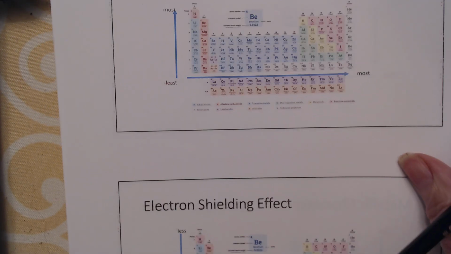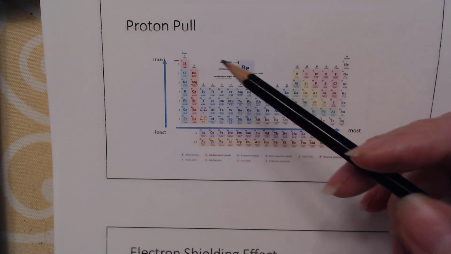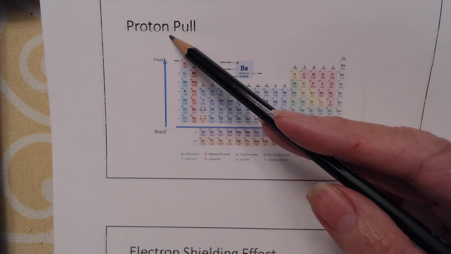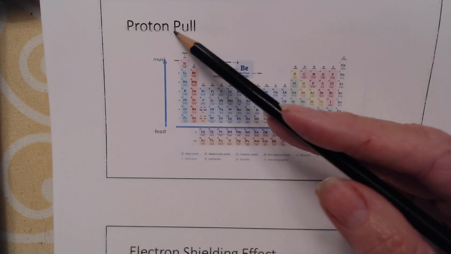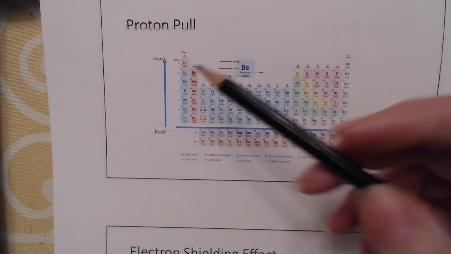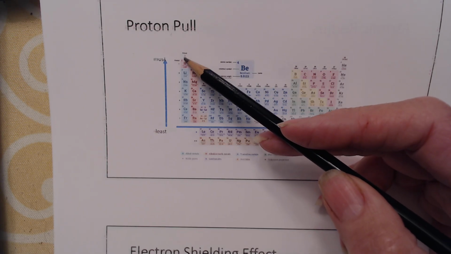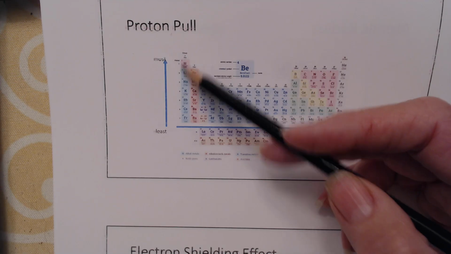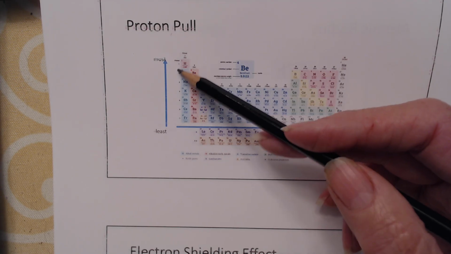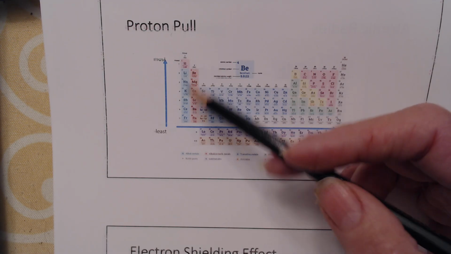And then finally, we'll talk just a second about proton pull. Proton pull says, what effect can the protons with their positive charge have on the electrons that are circling around them? And here what I see is when I have very, very few energy levels, my ability for that proton to interact with the electron increases dramatically.